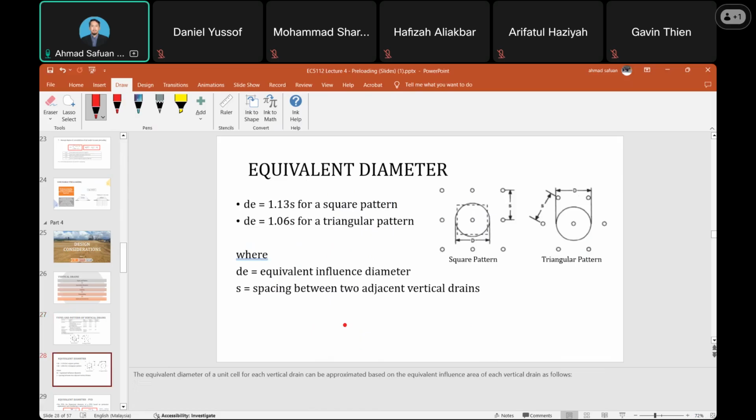The coefficient to represent the equivalent diameter, DE, is 1.13 times the spacing for square patterns, while for triangular pattern it is 1.06, where D is the equivalent diameter and S is the spacing between two adjacent vertical drains.